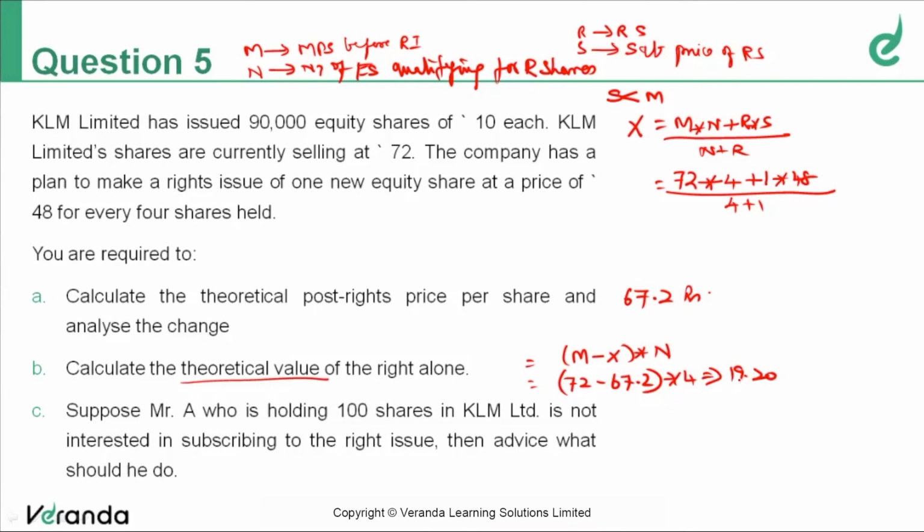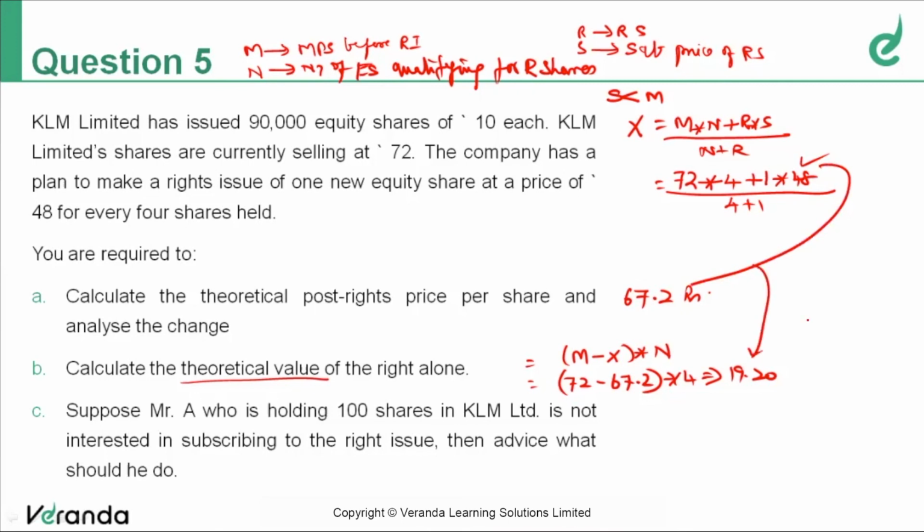Okay. Now, if I have to charge 19.20, the other person will ask, why should I pay 19.20? For which I have to give the logic. That person is paying only 48 rupees per share. Now the value is going up from 48 to 67.2. That difference is 19.2.